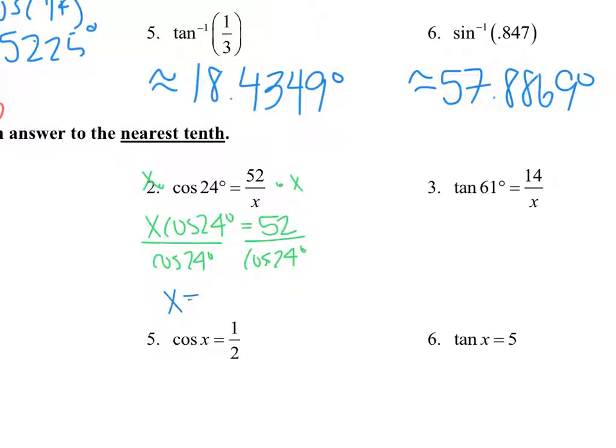So we get x to be 52 over cosine of 24 degrees, and we should get approximately 56.9. Once again, we are finding part of the ratio because that's what trig functions are. We are not finding an angle, so we do not need the degree symbol.